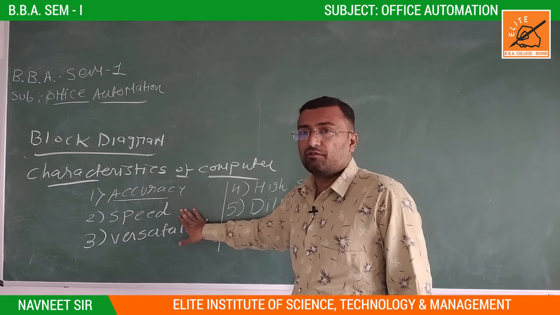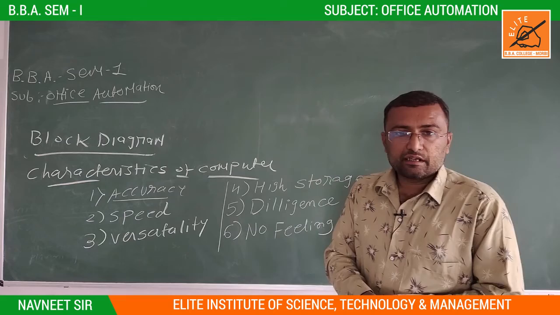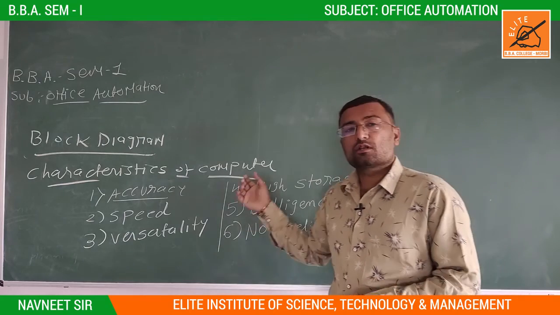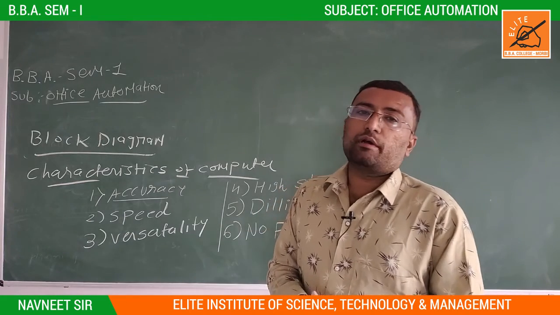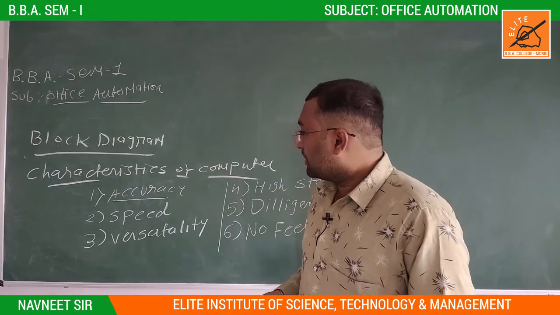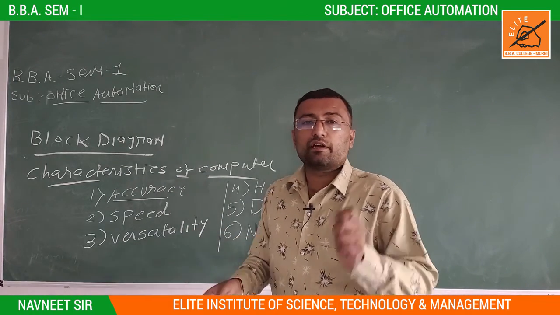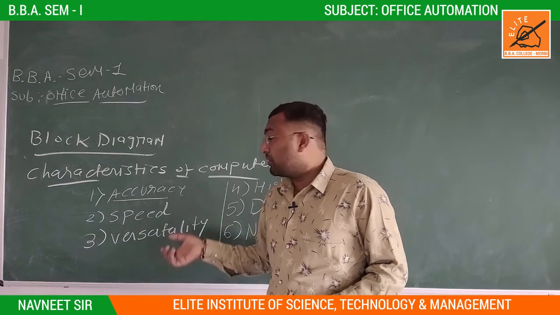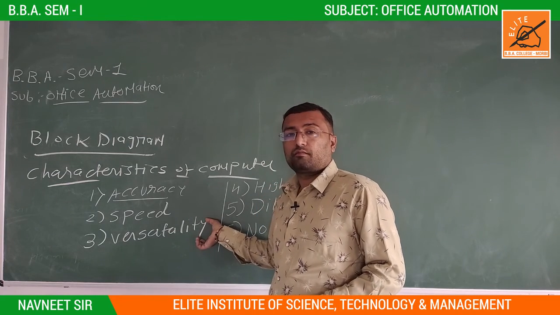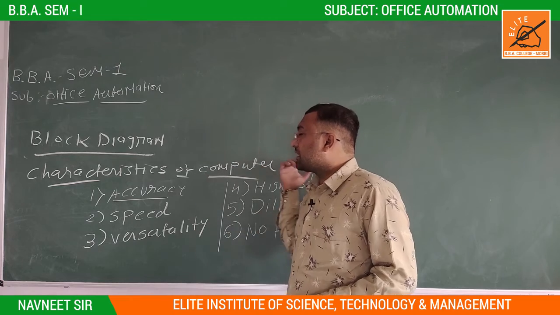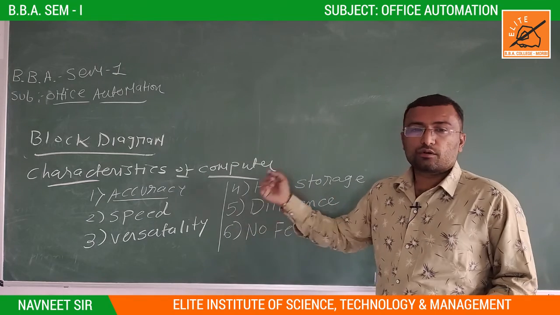Then speed: it works speedily because its speed is measured in milliseconds, microseconds and nanoseconds. Then versatility: we can perform many tasks, more than one task at the same time on a computer. So these are the characteristics of computer.